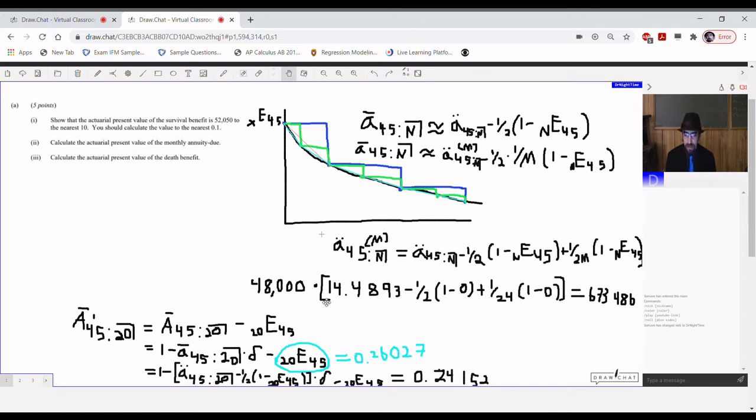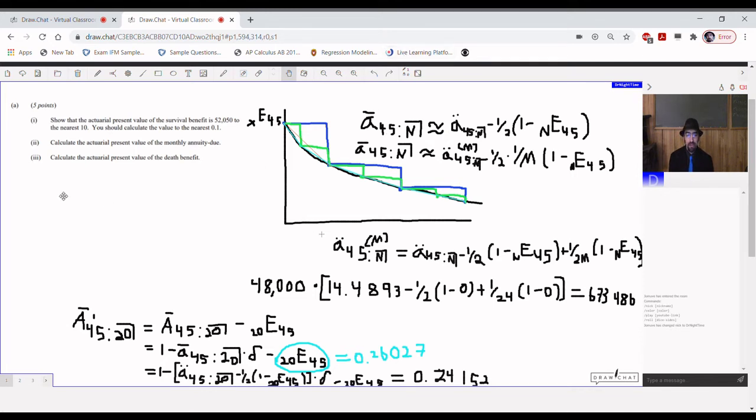Just going to take 48,000 times this 14.4893 that they give us, minus 1/2 of 1, plus 1/24 of 1, 24 because it's 2 times M, where M is 12 because it's monthly, and that gets us 673,486.